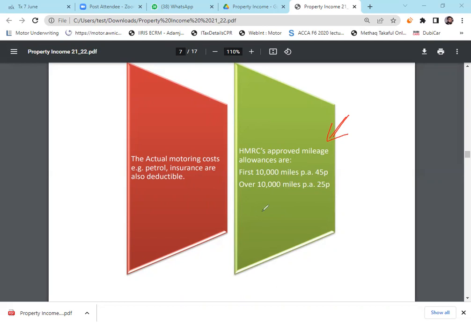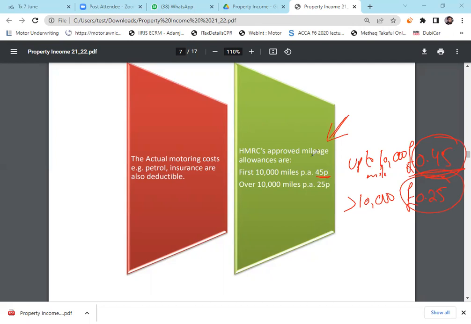For example, if he drove up to 10,000 miles, the allowance will be 0.45, 45 pence. Pence means 0.45 pounds. And if he drove above 10,000 miles, for the excess miles, the rate will be 0.25.